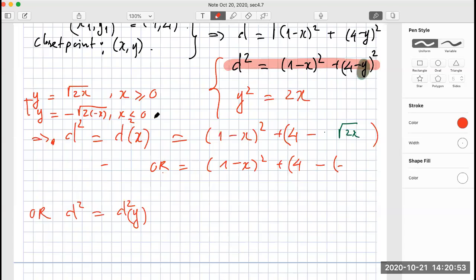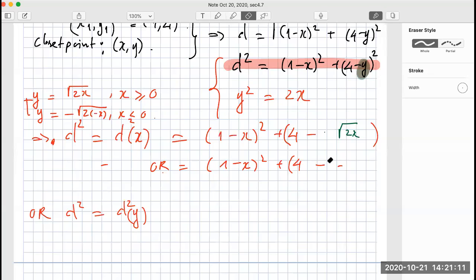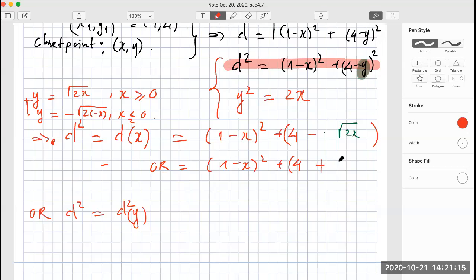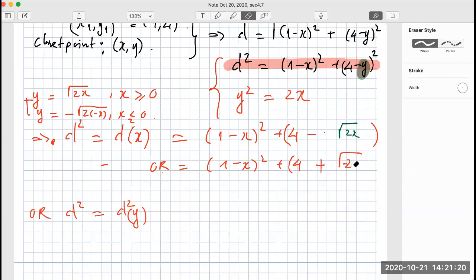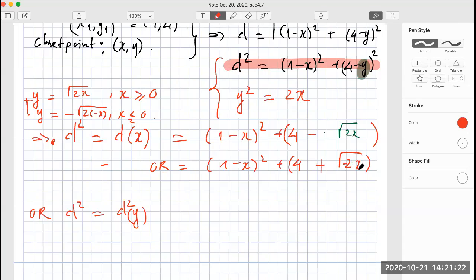Is it right? There are two possibilities of y. It would be positive this or negative of the negative things here. It is something complicated right here. Okay. But anyway, it is very complicated in terms of x, right?